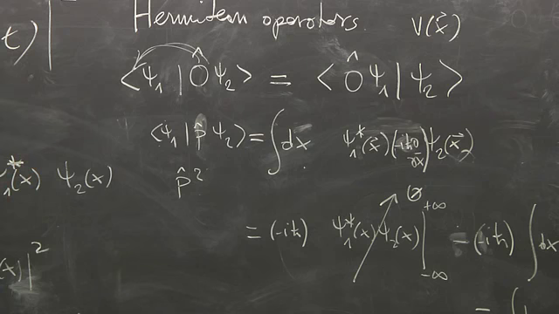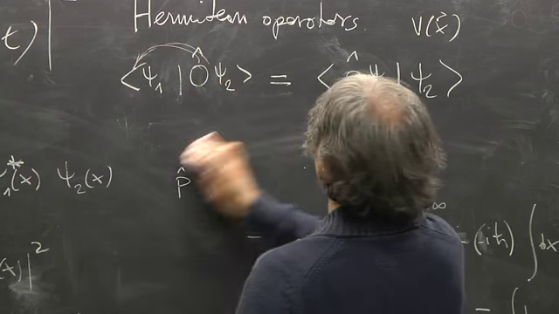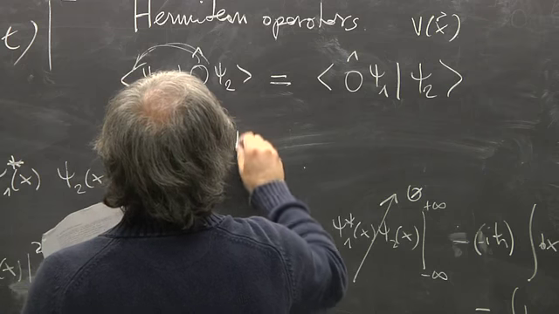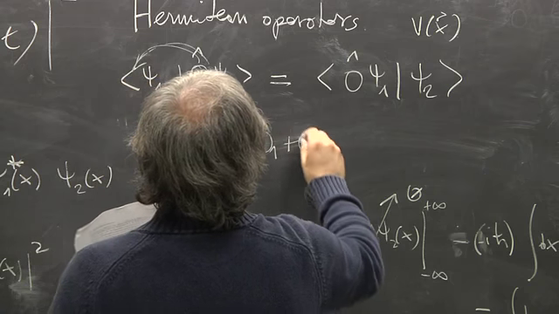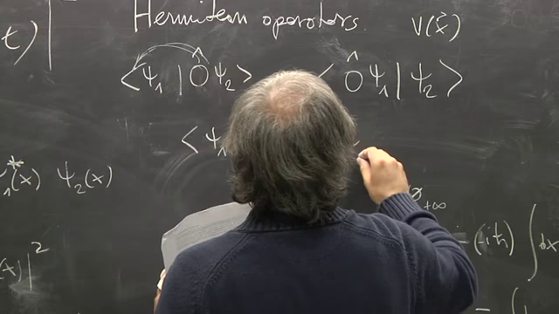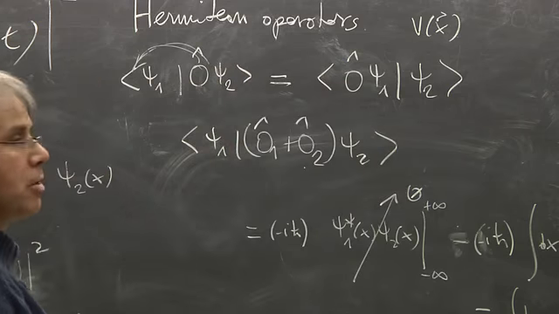And the sum of two Hermitian operators is also Hermitian. You can prove this in a few seconds. If I have a Hermitian operator O1 and another Hermitian operator O2, the sum of them is also Hermitian. This is very simple.